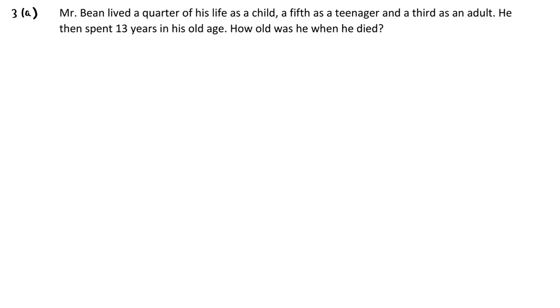Okay, so let x be the age of Mr. Bean when he died. So we are going to have a quarter of his life equal 1 over 4 x. A fifth of his life will equal 1 over 5 x. A third of his life will equal 1 over 3 x.